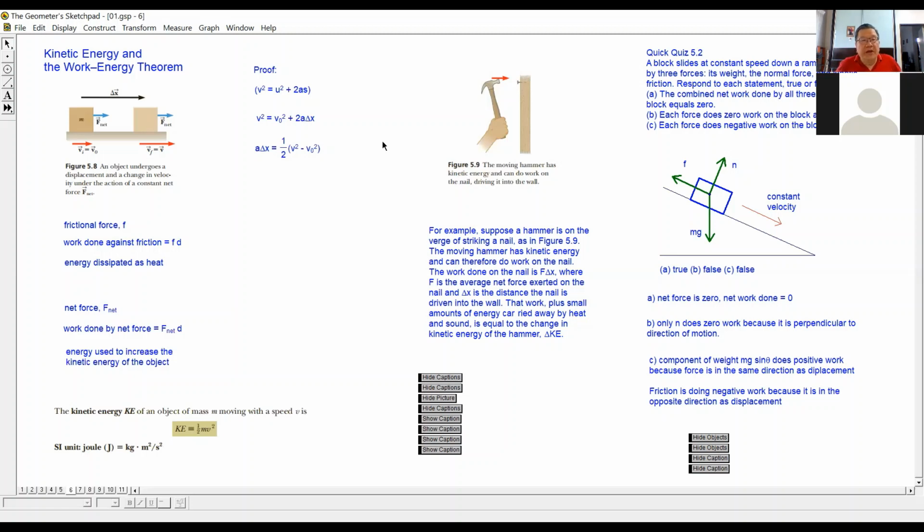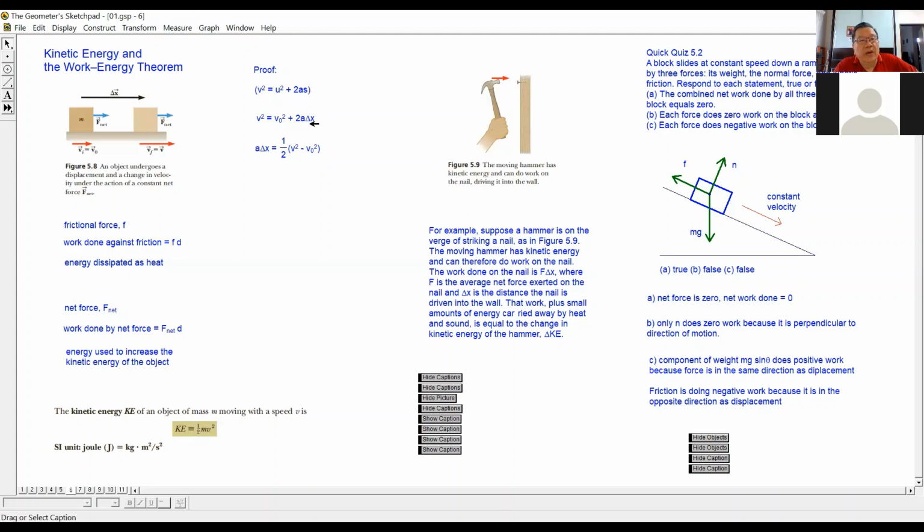Now, if you remember the equations of motion, I think this is the second or third equation, we have v squared equals u squared plus 2as. In your textbook, for the final velocity they use v squared, and for the initial velocity they don't use u, they use v naught squared. It equals 2as, 2 multiplied with the acceleration, multiplied with the displacement.